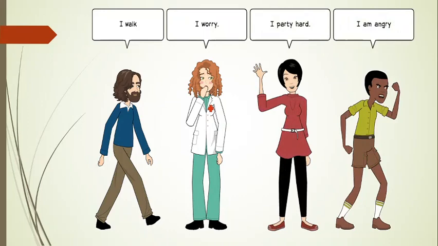The boy says, I am angry. So, these verbs like walk, worry, party, am, they are not conveyed from these fine people to something else. They start with the subject and they end with it. So therefore we can say that all these verbs here are used intransitively.